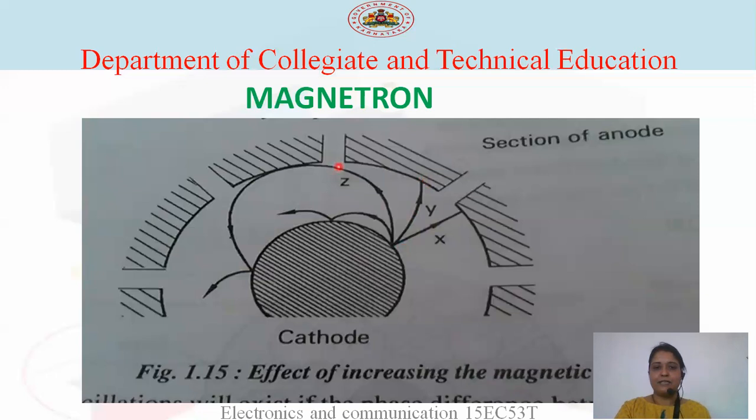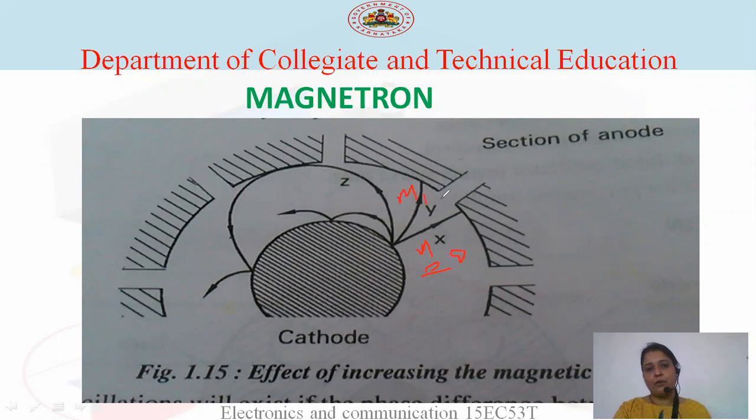Suppose we say that here the magnetic field is equal to 0. And here, for Y, the magnetic field has some value, that is the M1 value.